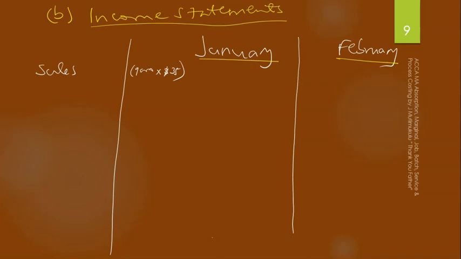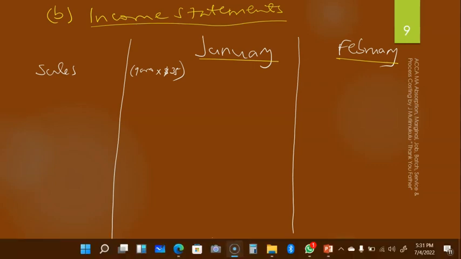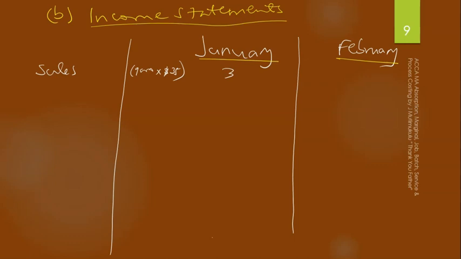If you use our calculators, that's 31,500. And then we proceed to the cost of sales.